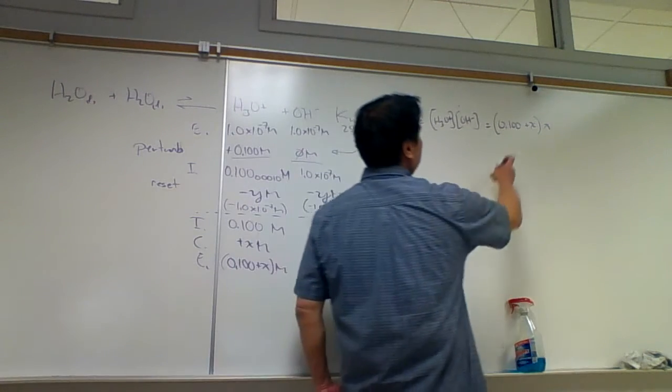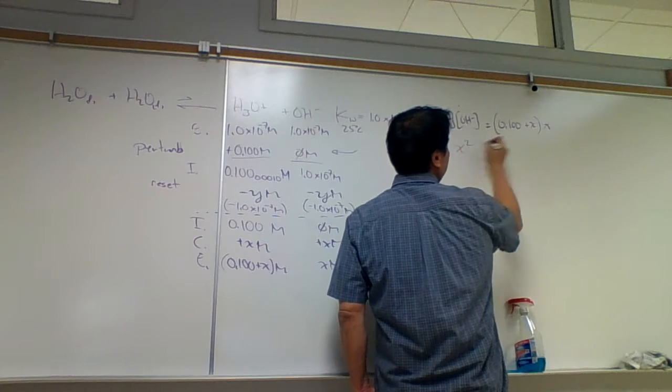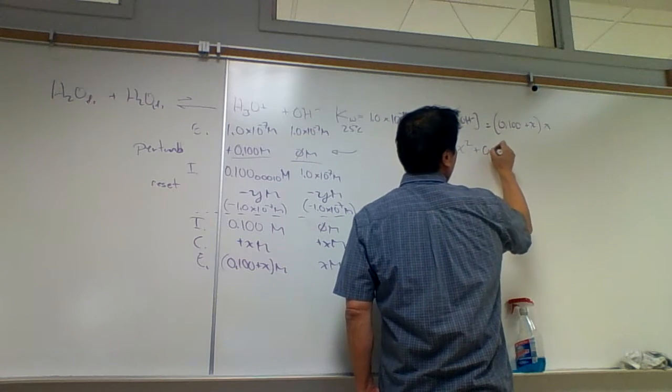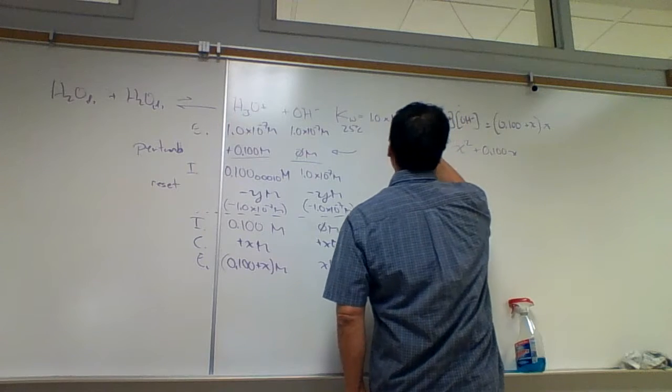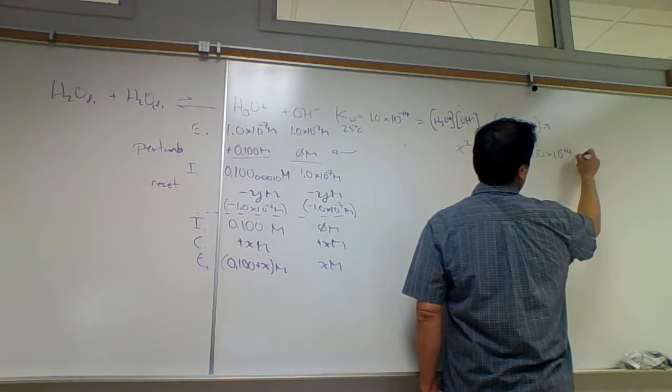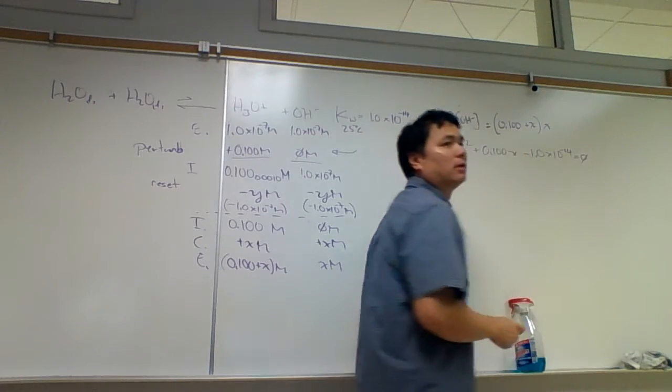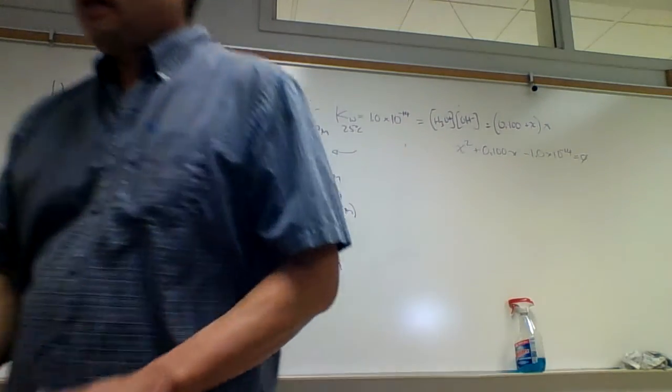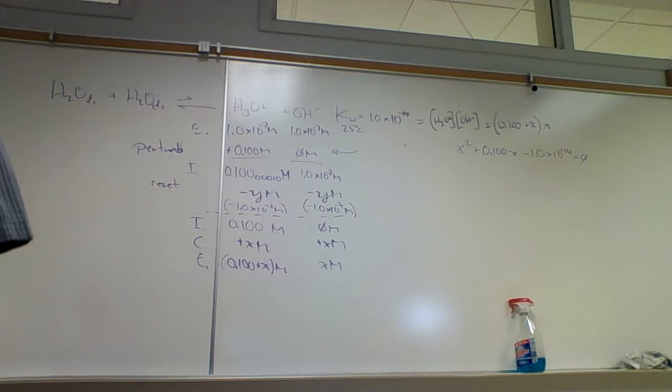Getting it in quadratic form, it's just going to be x squared plus 0.100 x minus 1.0 times 10 to the minus 14 is equal to 0. Now, do you have your fancy calculator that solves quadratics?